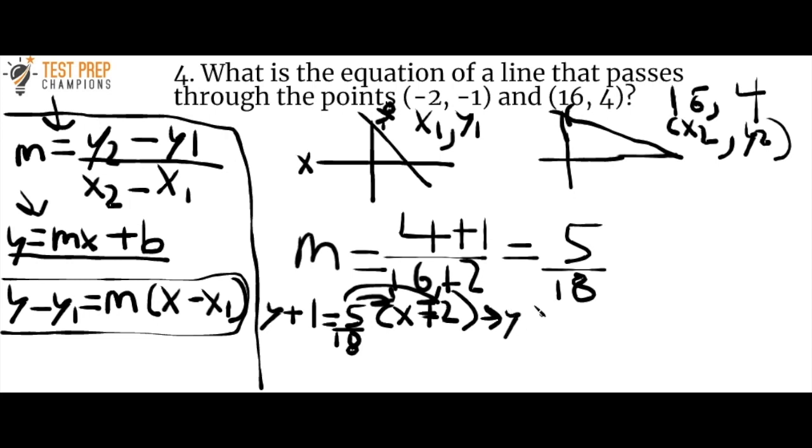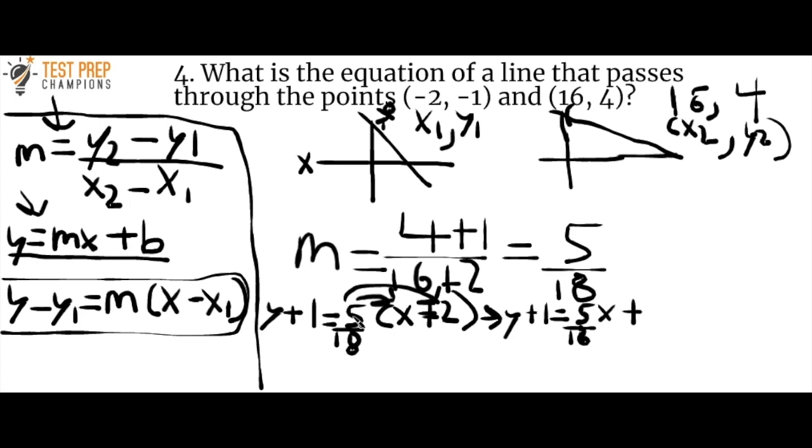We've got y plus 1 is equal to 5 divided by 18 times x, because that does not look like an 8, but pretend that's an 8. Plus 5 over 18 times 2.